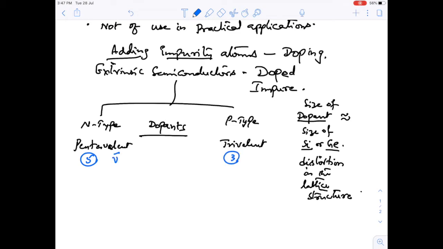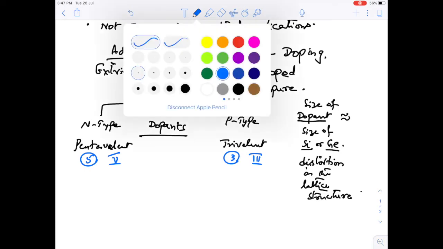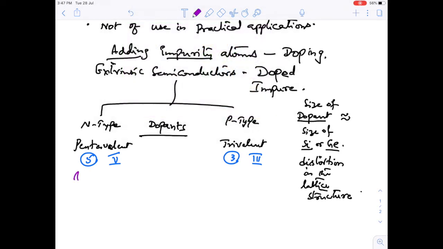That means 5th group elements or 3rd group elements. Let us consider some examples: arsenic, antimony, phosphorus, etc. for pentavalent impurity, and when it comes to trivalent, we have boron, gallium, indium, aluminum, etc. So, these are some examples.